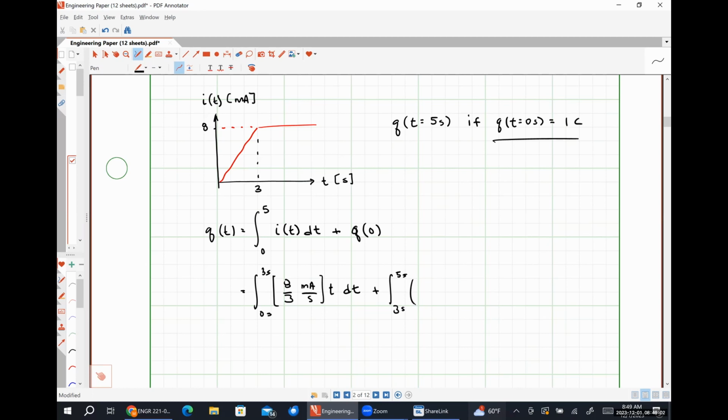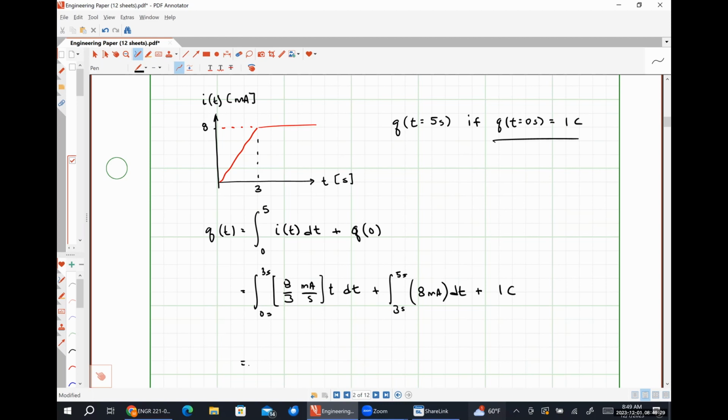It's a constant value at 8 milliamps. And then outside the integration, we're going to add that 1 coulomb of charge on. So that plus Q at T naught bit is not inside the integral.